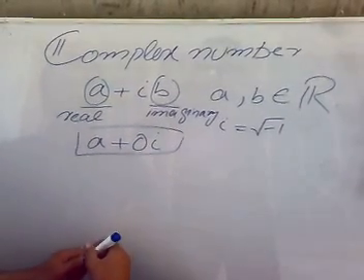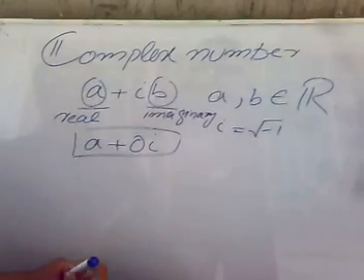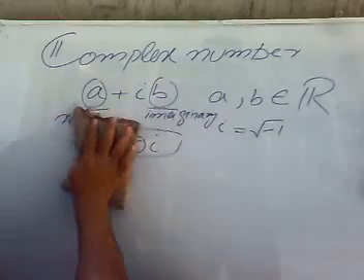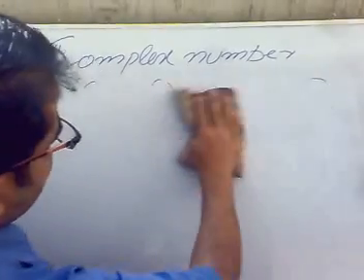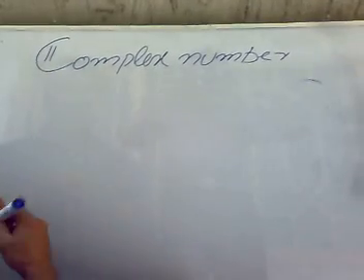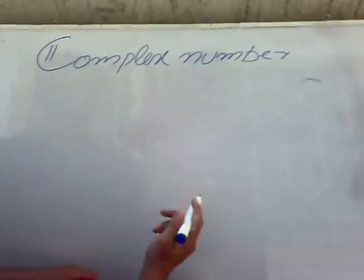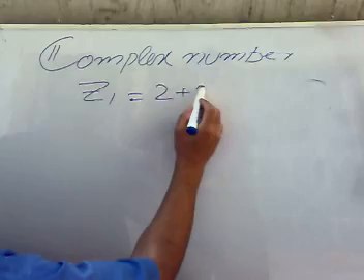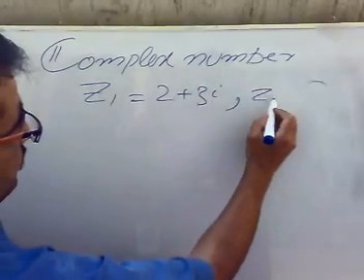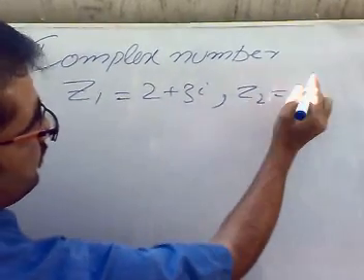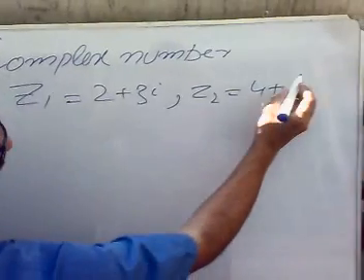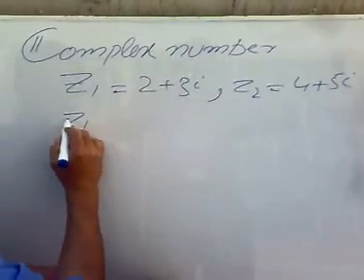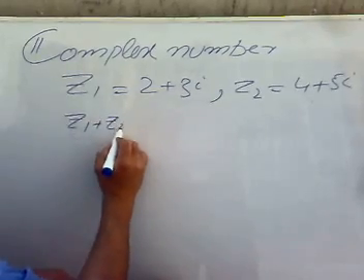First of all we will perform addition on these numbers. Suppose we have to add two numbers, which we usually represent with z. Suppose z1 equals 2 plus 3 iota, and z2 equals 4 plus 5 iota, and I want to find z1 plus z2.